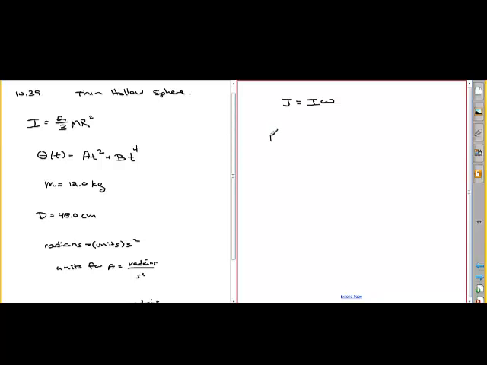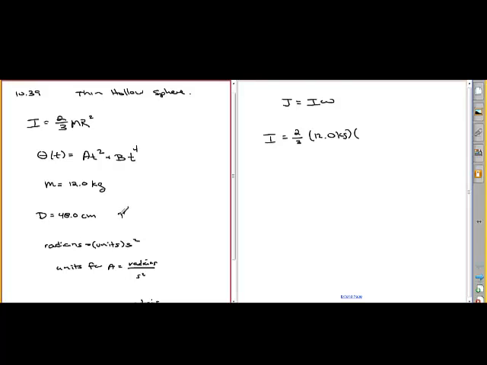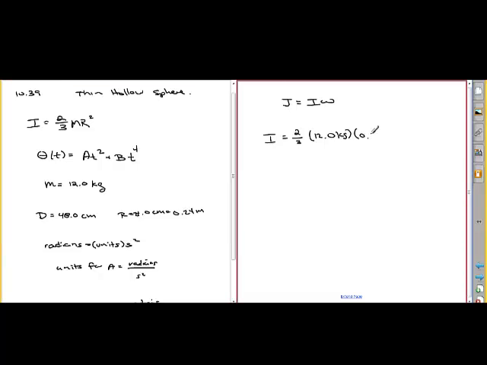We can calculate the moment of inertia from the formula we get out of the book, 2/3 m, which is 12 kilograms, times r squared. The diameter is 48, so r is 24 centimeters. We'll make sure to convert that to meters, so we get 0.24 meters squared.